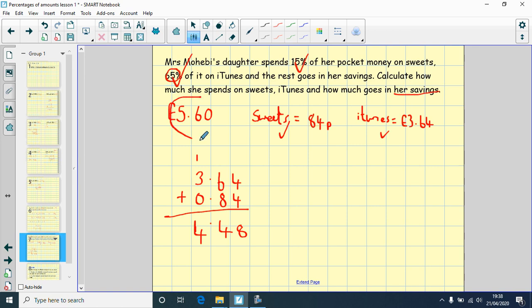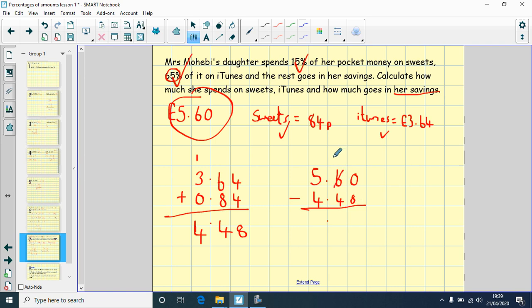Well, this is the amount she gets for her pocket money. So I need to do now £5.60, take away what she spends on her sweets and her iTunes. And the rest is what goes in the savings. So let's have a look here. So 0 take away 8, well that would give me a negative number.